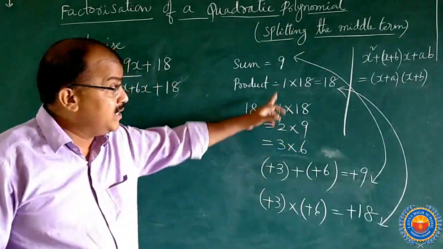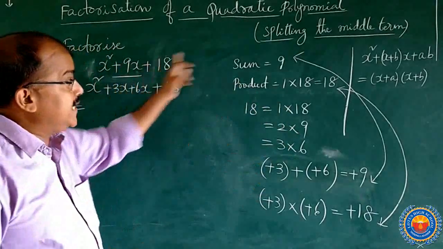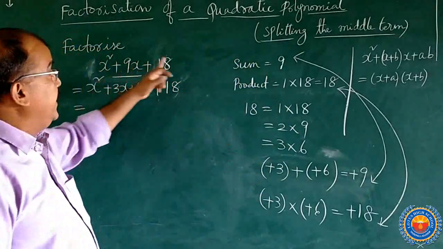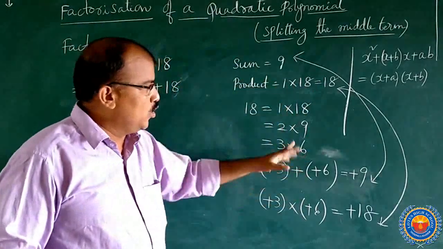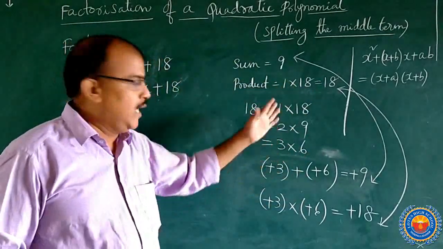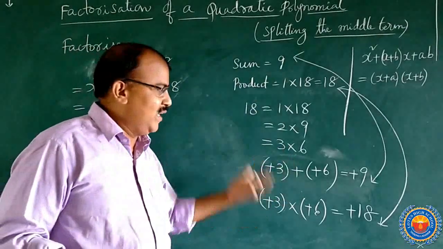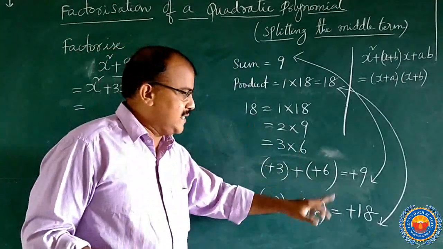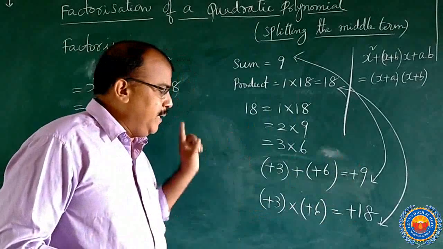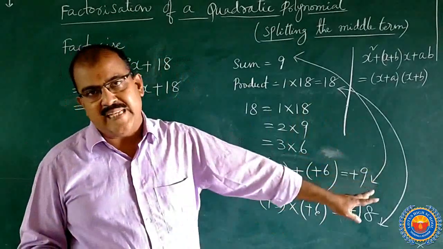This concept is very, very important. The sum is plus 9 and the product is 1 into 18, which is 18. So if you first go for factorization, which pair is suitable? I think this is suitable. Plus 3 plus 6 is equal to plus 9, and plus 3 into plus 6 is equal to plus 18.